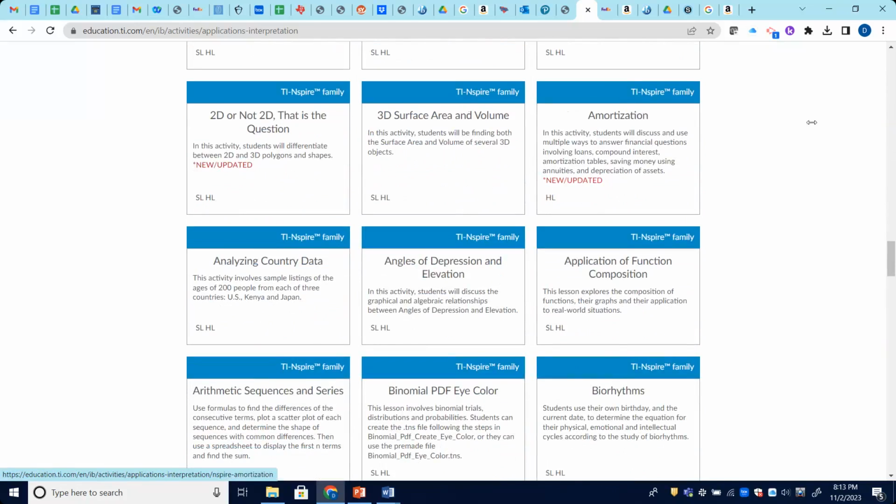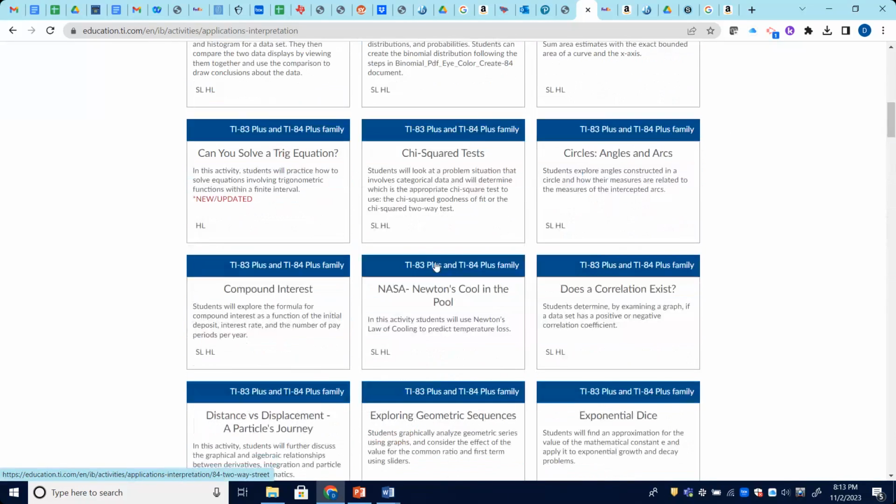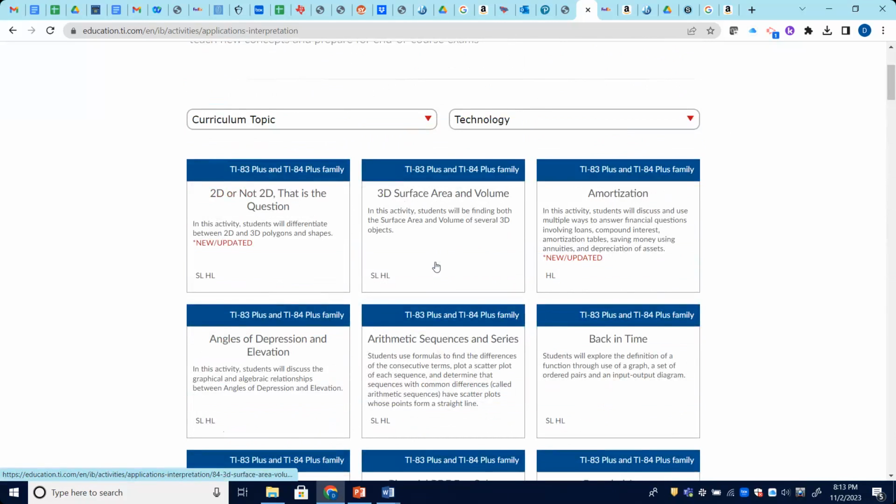Each of the activities can be done with either calculator. That's one of my jobs with TI, to take existing activities and create them for both platforms, or when I create a new activity, I have to create it for both platforms, because some of you love your 84s, some of you love your Nspires. I'm taking care of both of you, I hope.